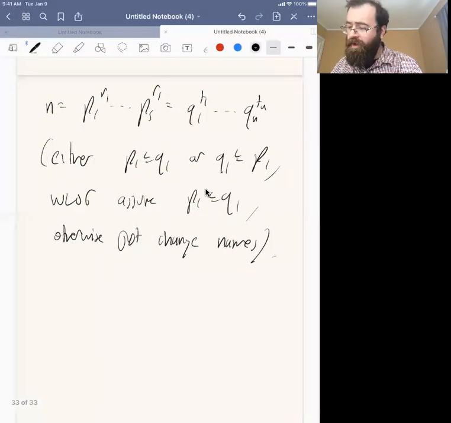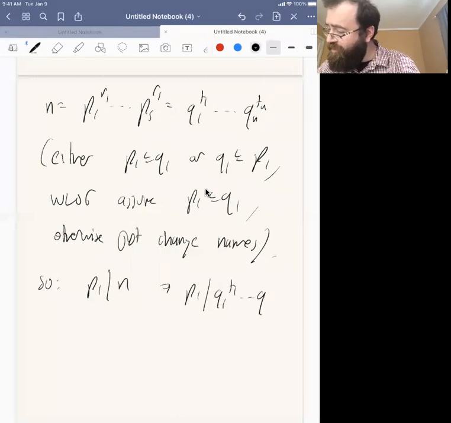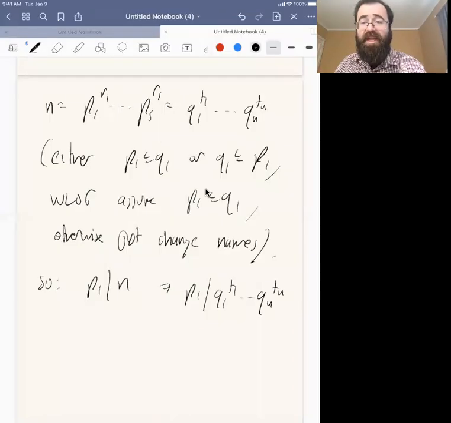Okay, so p1 is a prime that divides n, because we've written n as p1 to some power times something, right? So p1 divides n. That implies that p1 divides q1 to the t1 through qu to the tu, because that thing is n.